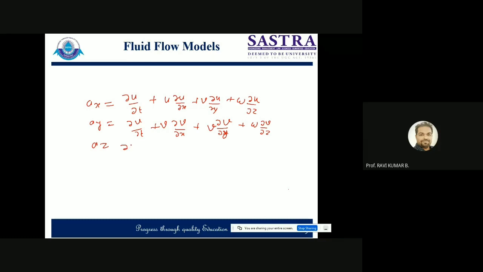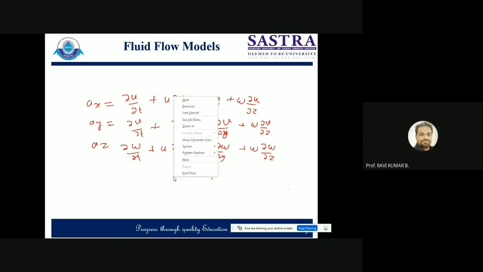And here also you can write dou w by dou t, plus u dou w by dou x, plus v dou w by dou y, plus w dou w by dou z. Clear? So like that you can calculate the velocity and acceleration in this case. Up to here, any doubts?